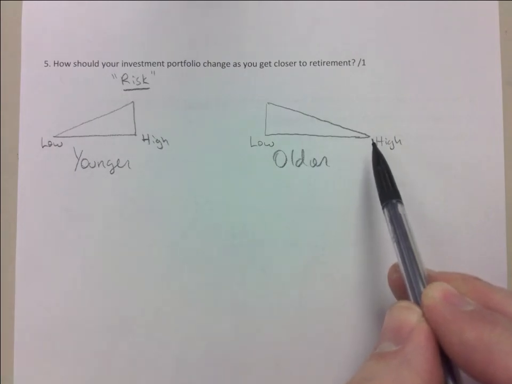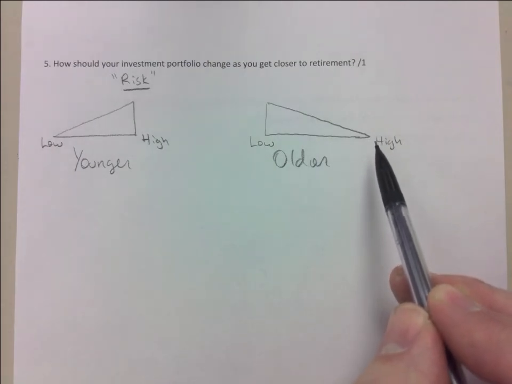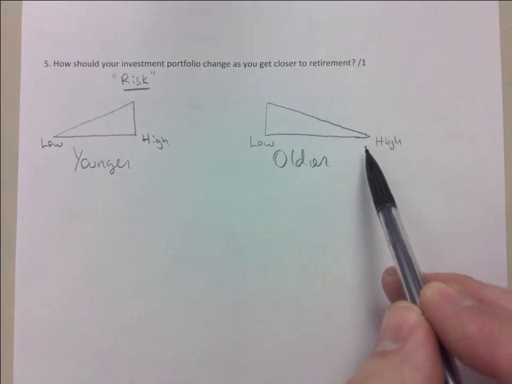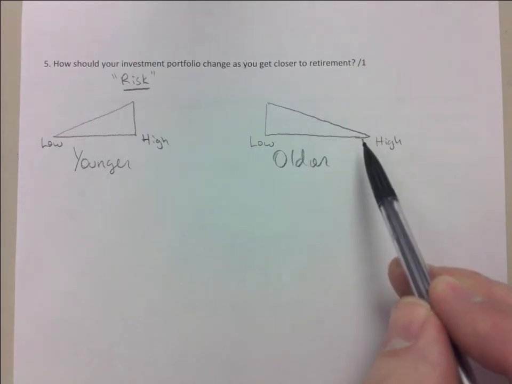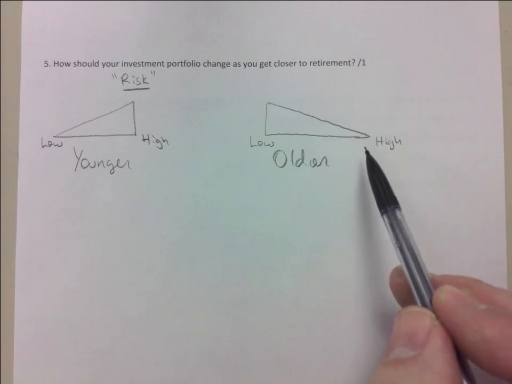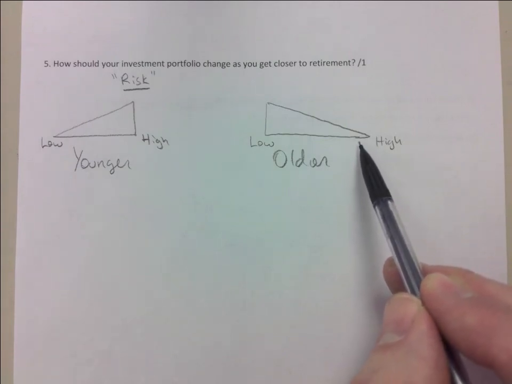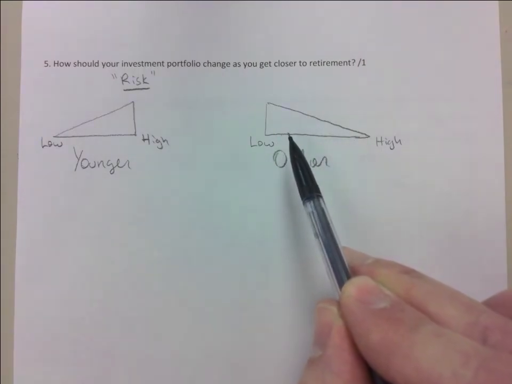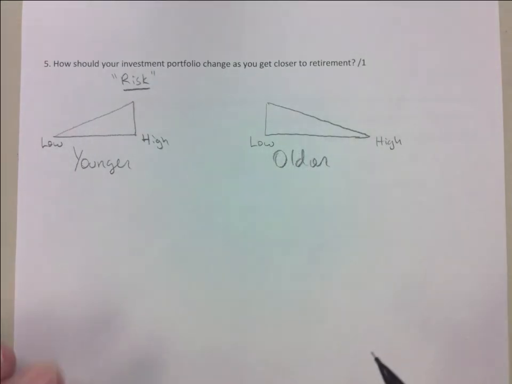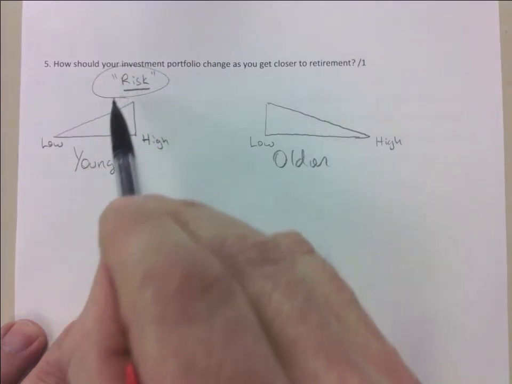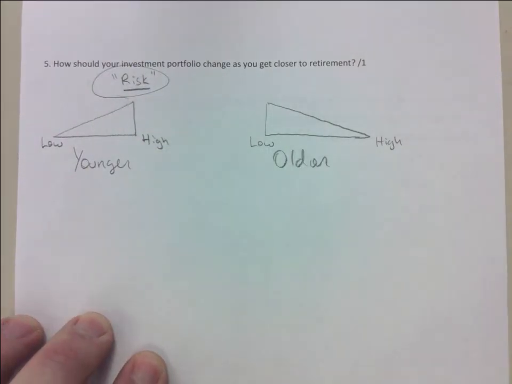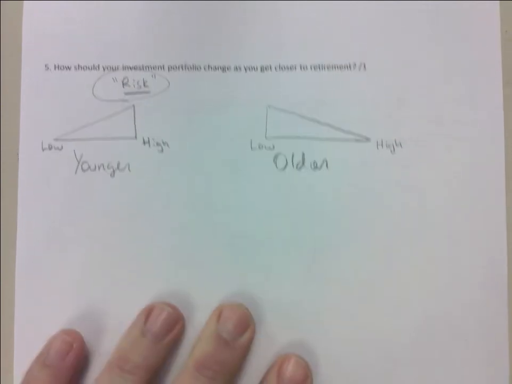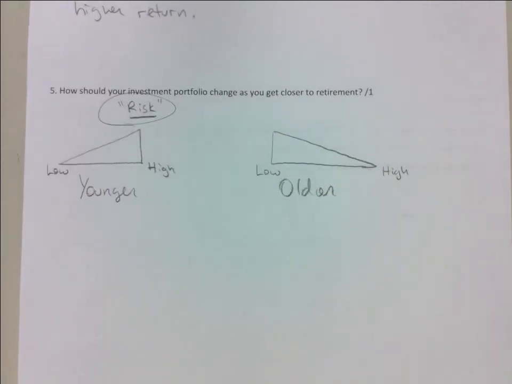Sure, if you have room to lose it all, if you've done well and saved up a lot of money, put some in high risk, continue to take advantage of the potential gains, but you should probably start moving more of your money into the low because you want to have enough to live after retirement. So that's when it comes to risk, that's what your portfolio should kind of mirror, okay? That's it.